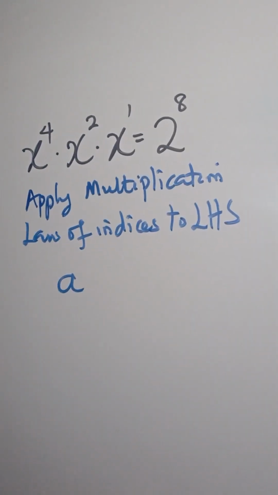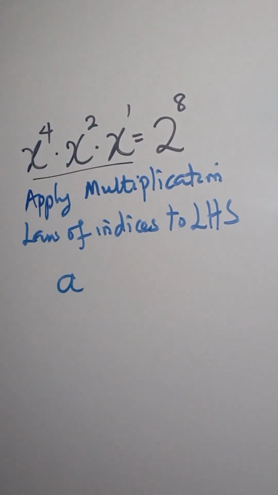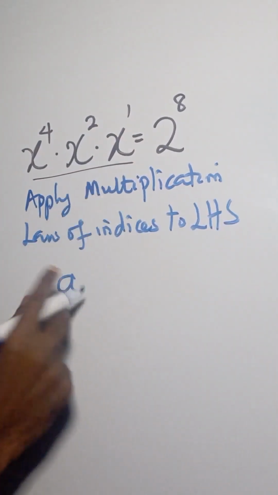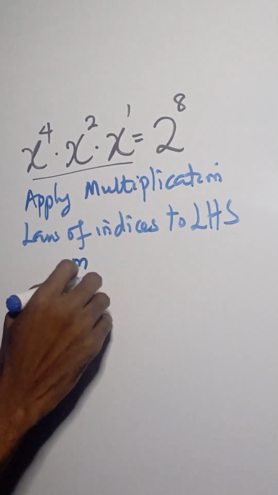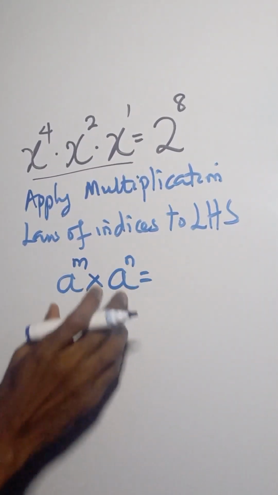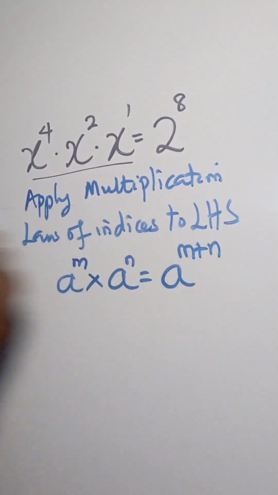Alright, so in our last step, we have gotten this. So we are going to apply the multiplication law of indices to this left-hand side. What's the multiplication law? If I have a raised to power m multiplied by a raised to the power n, we'll keep one of the base and we add the power.